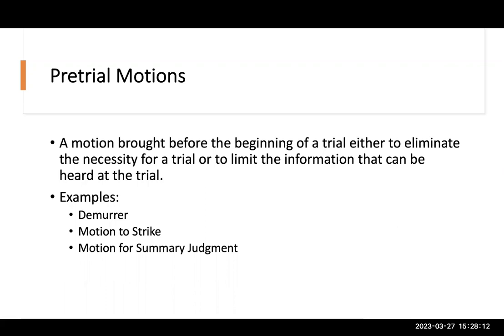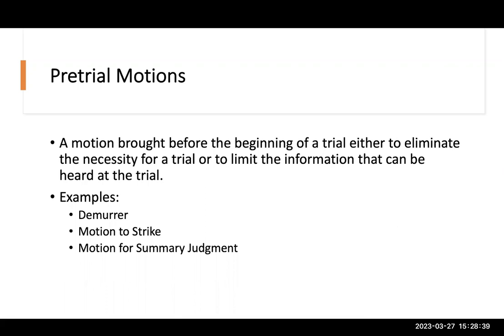A classic example of why a demurrer might be filed is if there's a defect in the complaint that shows that it has no merit. Again, as pointed out in the textbook, a demurrer is filed when the complaint itself is defective and it just discloses a basis to have it thrown out.